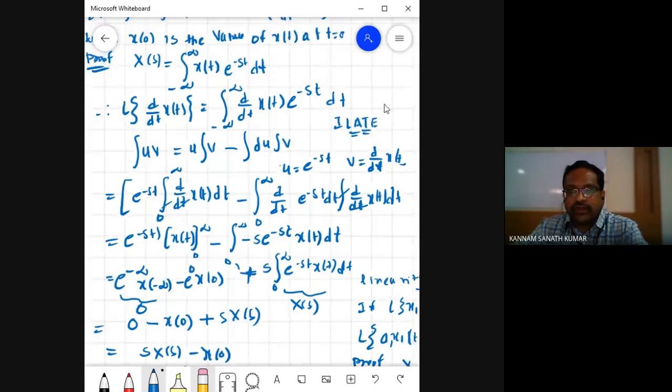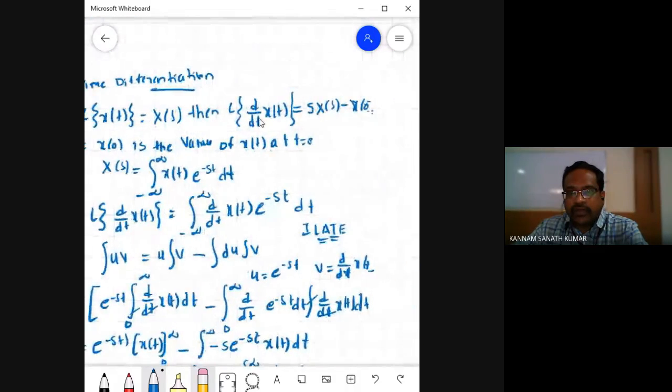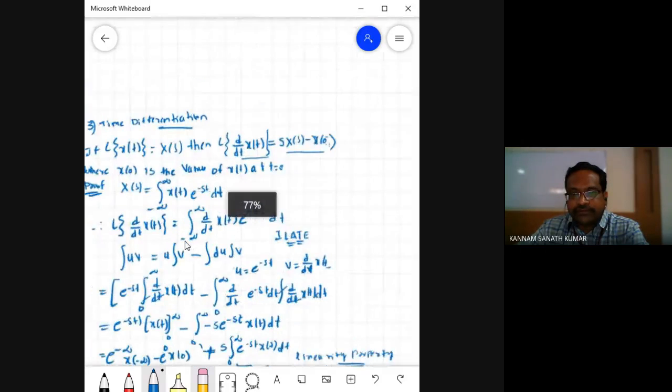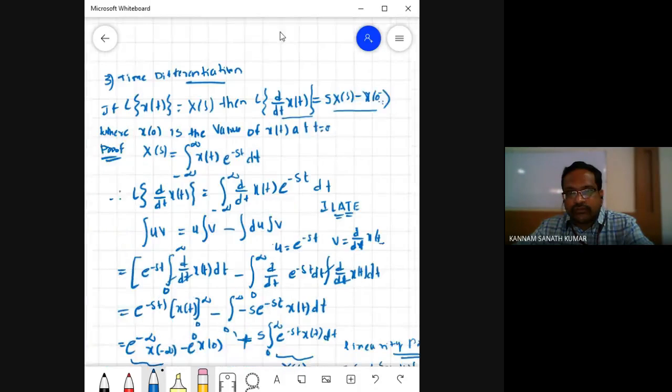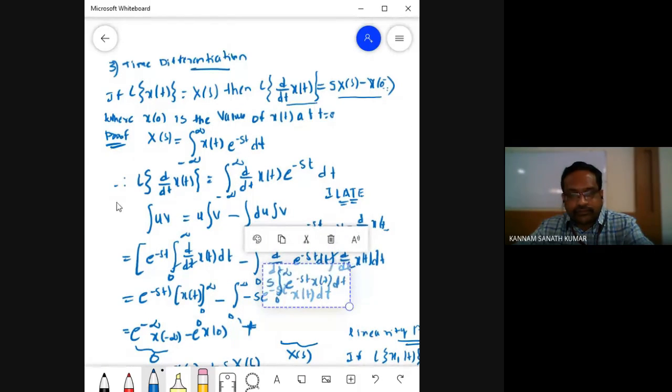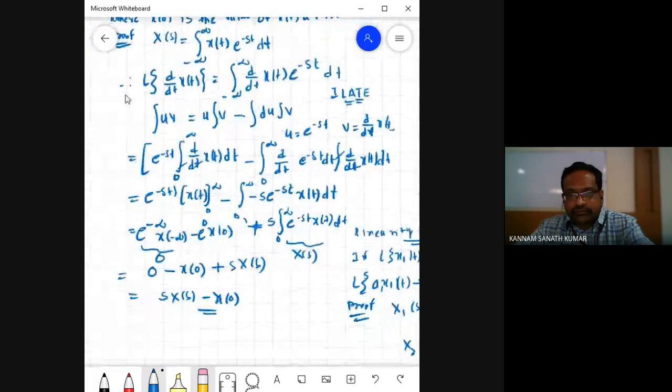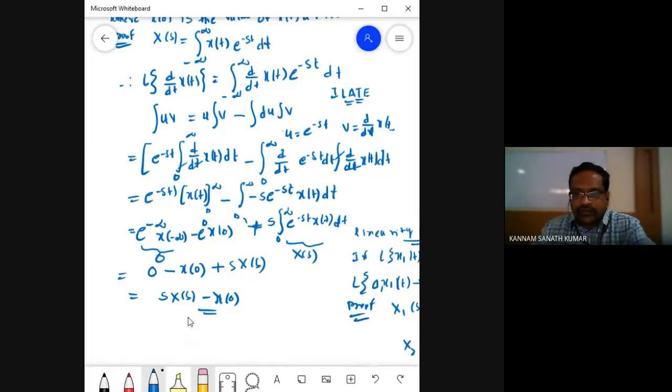So whatever is in the properties, the Laplace transform of d by dt of x of t, you got s into x of s minus x of 0.